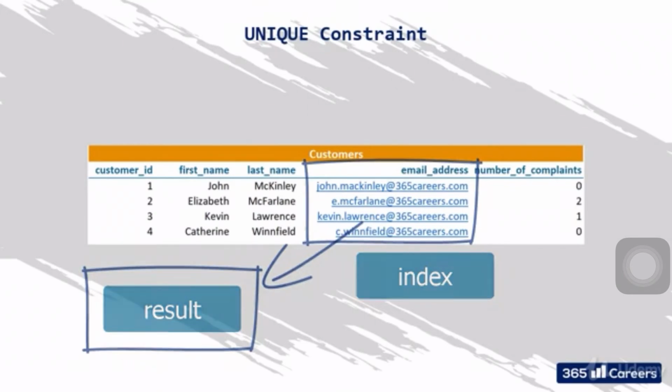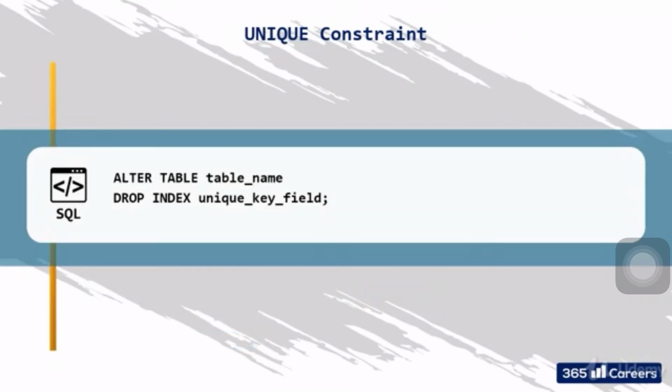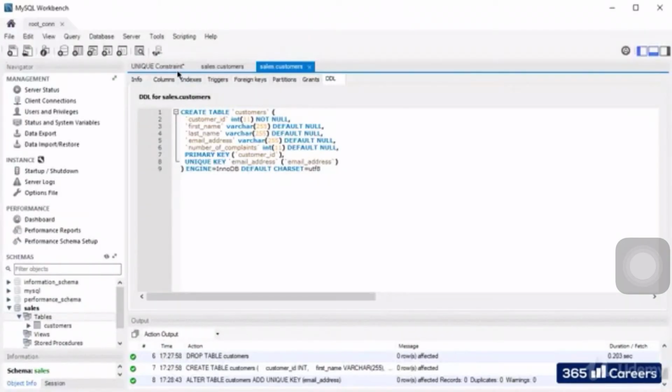So, if we want to remove a unique key from a table, we must use the following syntax: alter table, table name, drop index, and not drop unique key. Name of the unique key field without parentheses. To apply this syntax to our ongoing exercise, let's drop the unique key constraint implemented to the email address column.